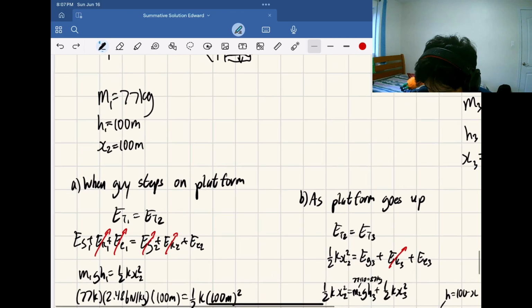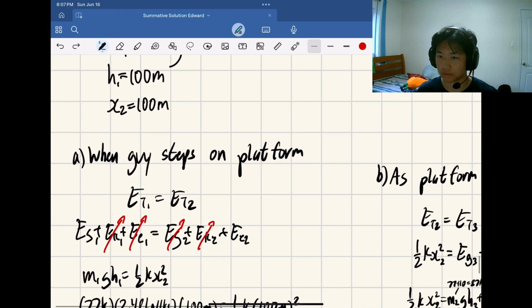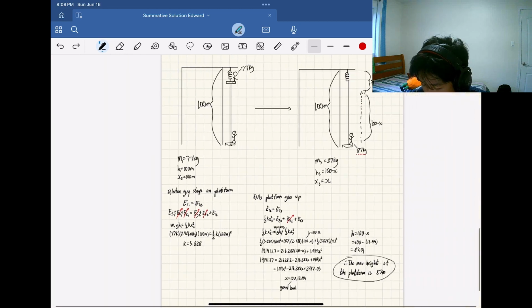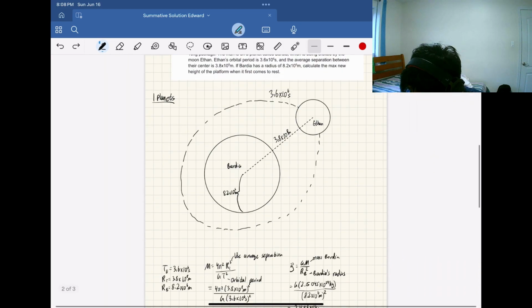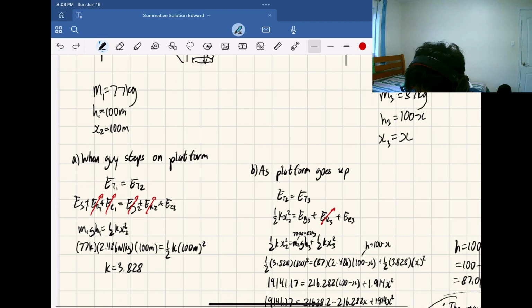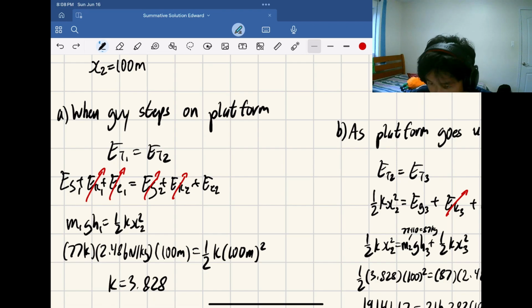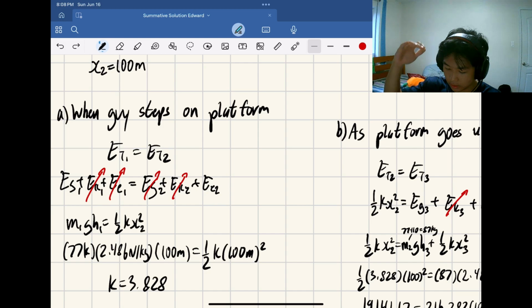So you'll see here, using the conservation of energy, when he steps onto the platform and reaches ground level, the total energy when he's on the platform is equal to the total energy when he's at ground level.